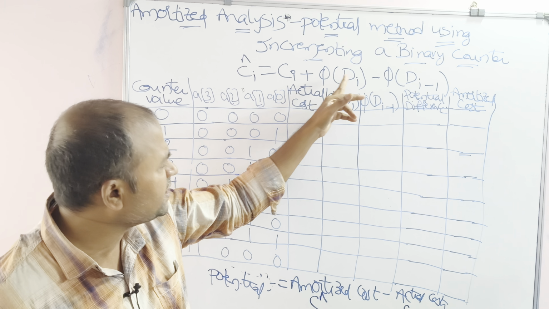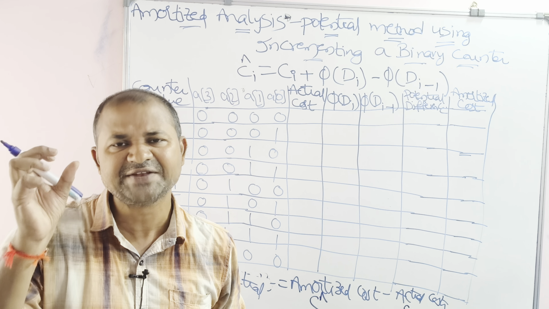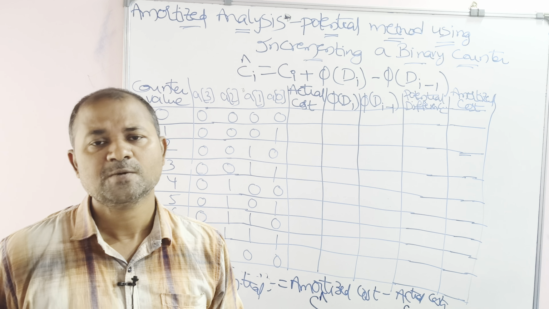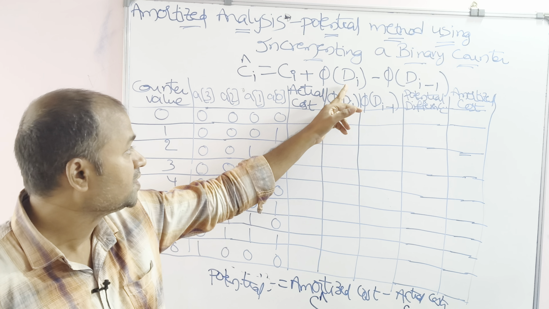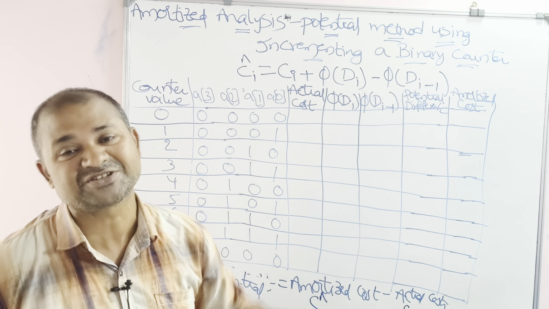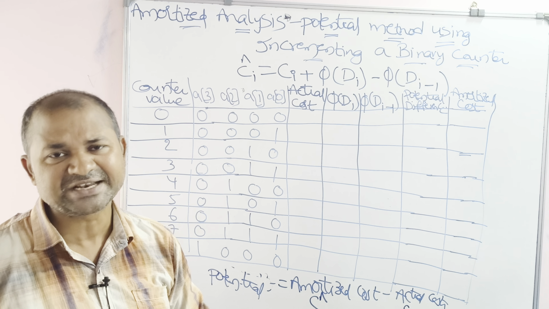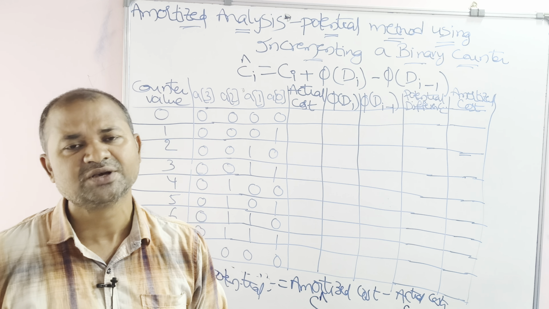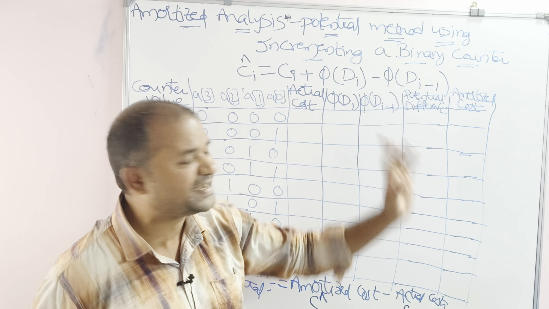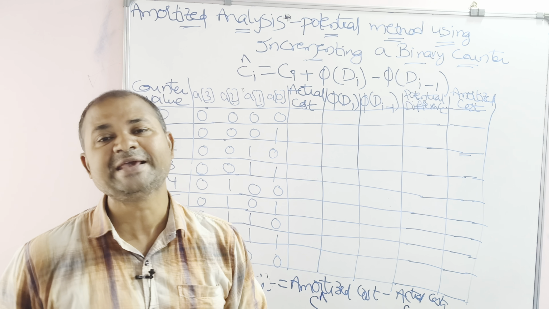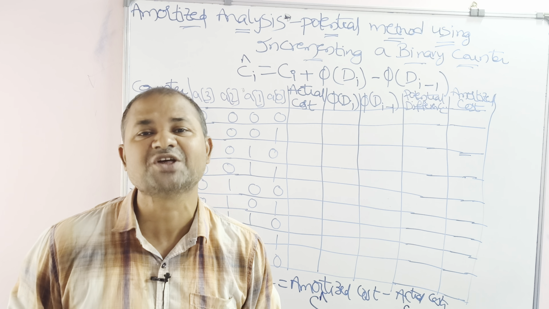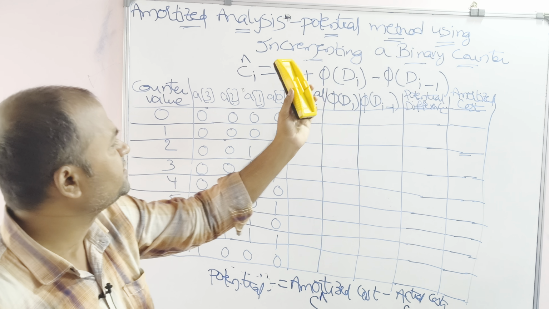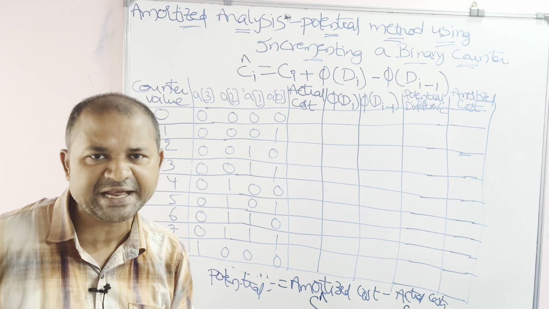Φ(Di) means the potential function after applying the operation to the data structure, which here is the binary counter. Φ(Di-1) means the potential function of the data structure before applying the ith operation. Now let us implement the potential method using incrementing a binary counter.